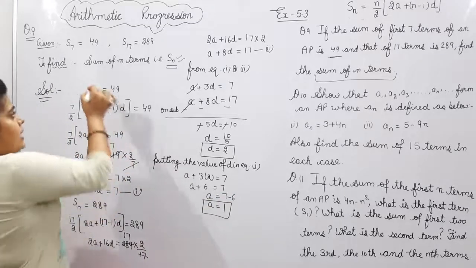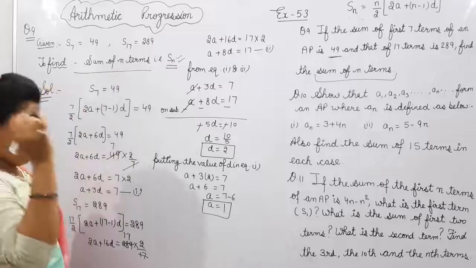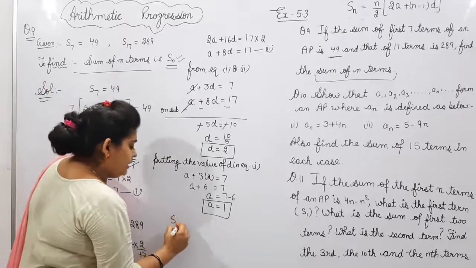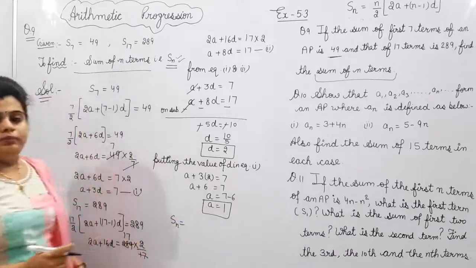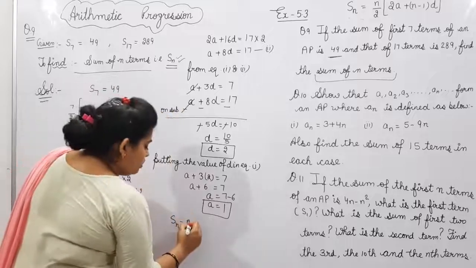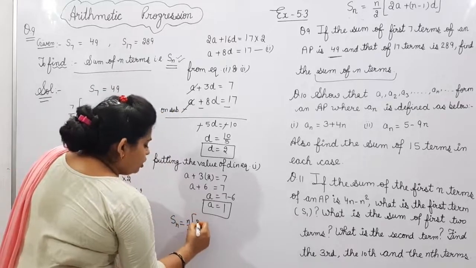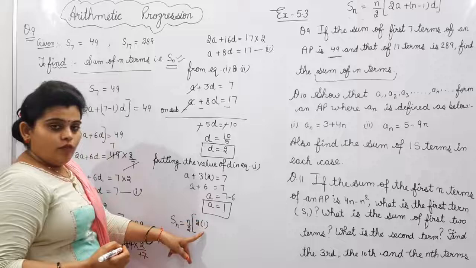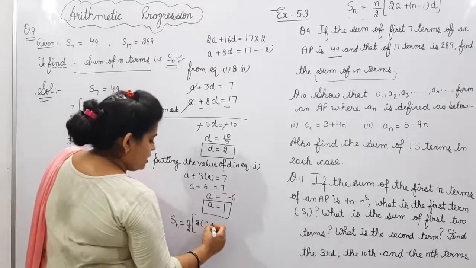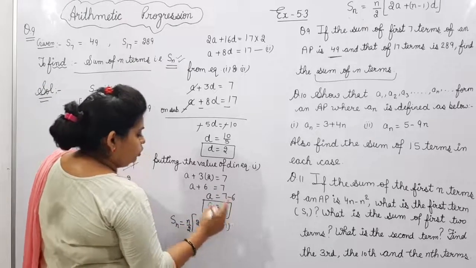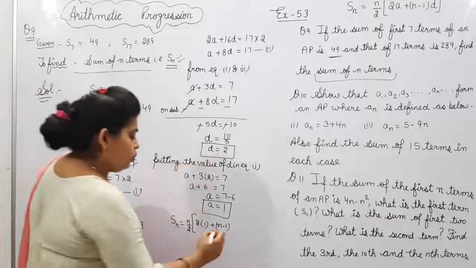Now we have to find the sum of n terms. Sn, we have to find Sn. This Sn is equal to n by 2 into 2a, 2 into a. What is the value of a? 1, plus n minus 1 into d. What is the value of d? 2.